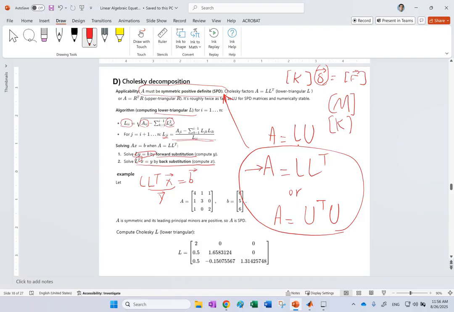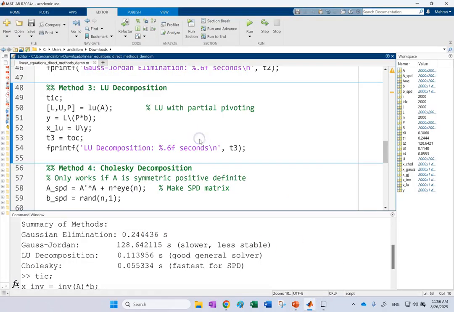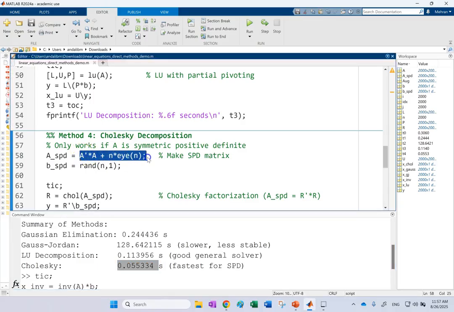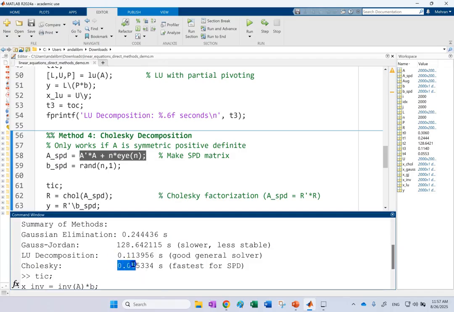Why is this good? Because you only calculate one of them one time, so it should be faster than the LU factorization. And if you see in MATLAB, the runtime for this specific A matrix that I created, positive definite symmetric, was only 55 milliseconds, about half of the LU.